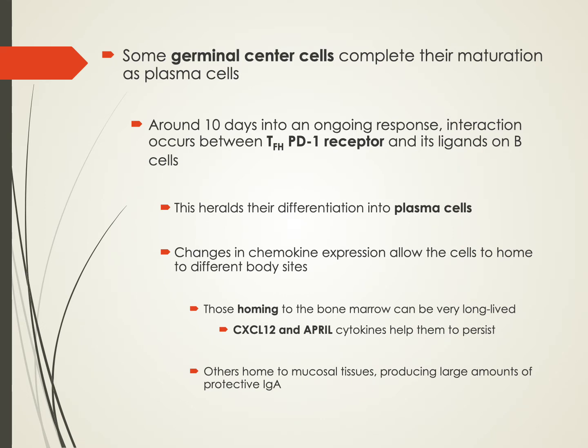There are really important interactions that happen with the PD-1 receptor on the T cell and the ligands on the B cell. There's also going to be chemokines and cytokines that are important in homing these plasma cells back to the bone marrow, where they can become long-lived plasma cells. This is a type of memory cell that the B cell can produce.